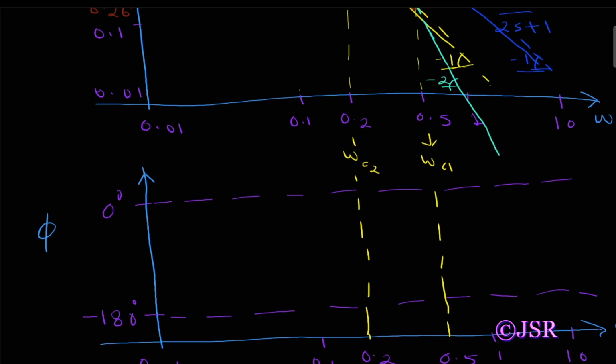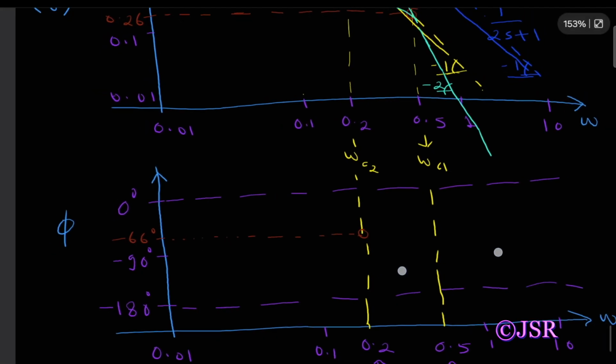So let's say we have -90 degree in between. So -66 will be somewhere here. This will be -66 degree somewhere here, and this will be the value of phi at omega equal to 0.2.